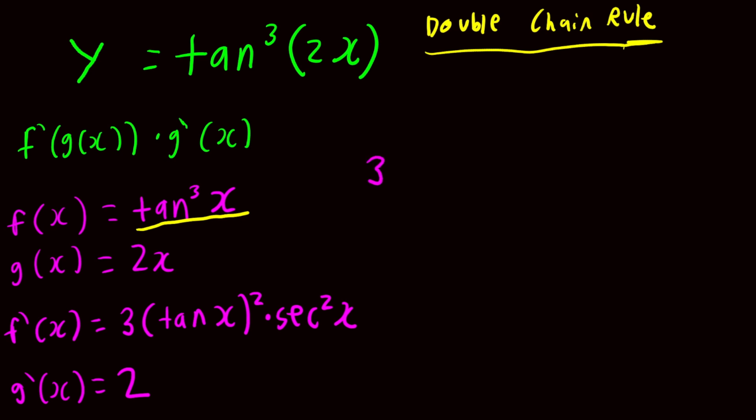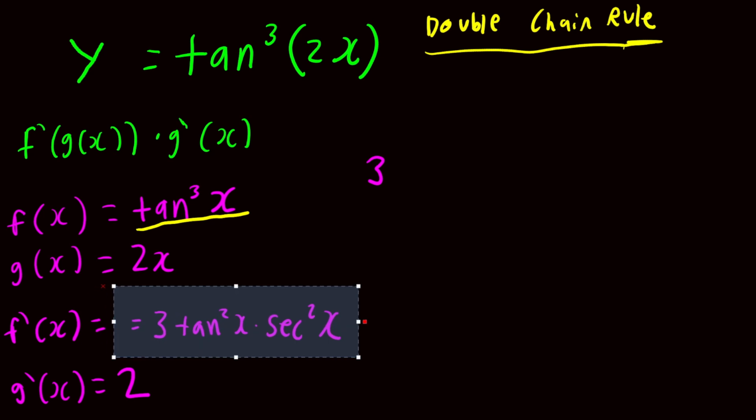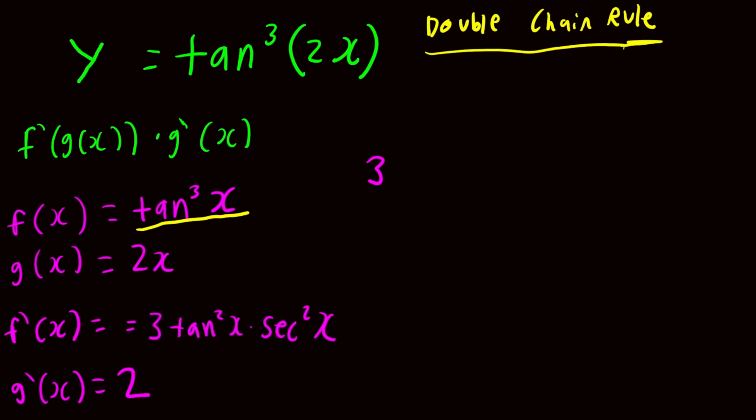I'm going to make it like this, right? 3 tan squared x times secant squared x, because I feel like that's a little bit easier for me to read. Okay, so I just move that over here. There's this extra equal sign. There we go. So this function and the other function is the same. Just for me, I like it like this.